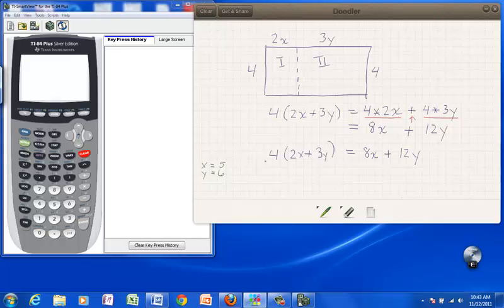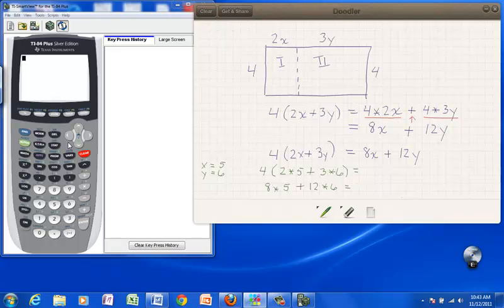Then the original expression looked like 4 times the quantity 2 times x, I'm going to change that to 2 times 5, plus 3 times y. And my answer was 8 times x plus 12 times y. So there's my numerical substitution.